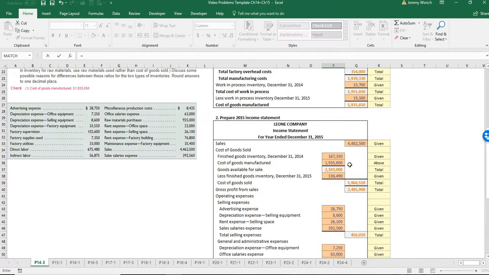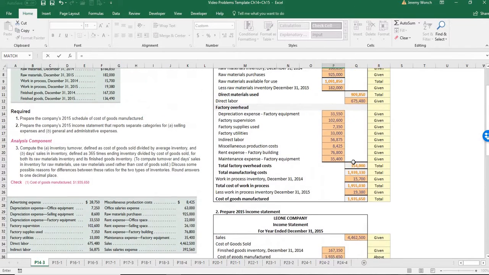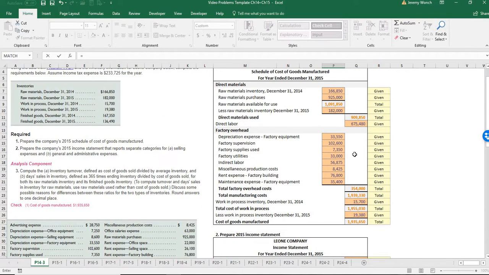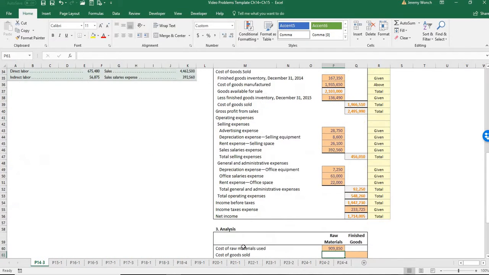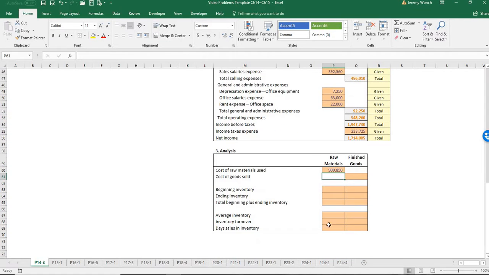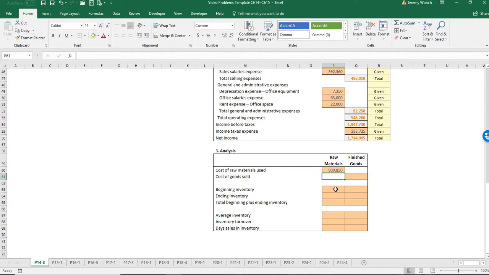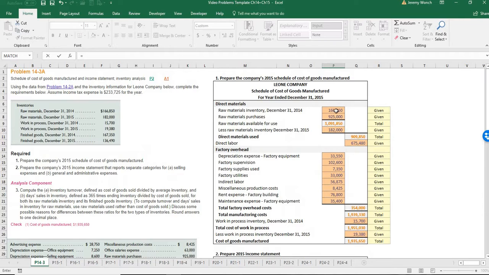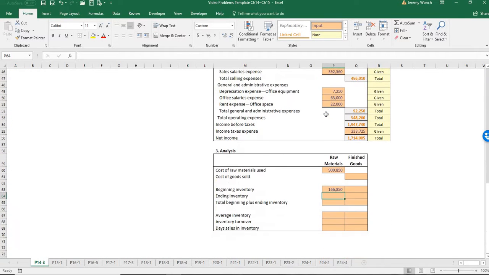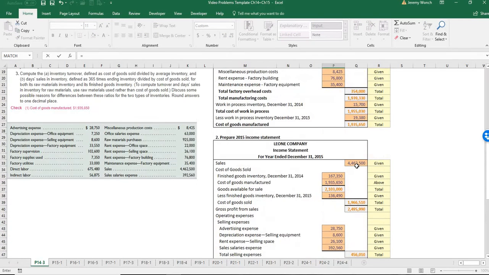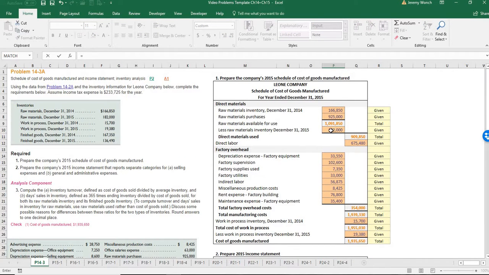So our cost of materials used, we calculate that up here at $909,850. Let's just do all the raw materials, then we'll do all the finished goods. And so then we have our beginning inventory of raw materials up here. We want our ending inventory of raw materials.